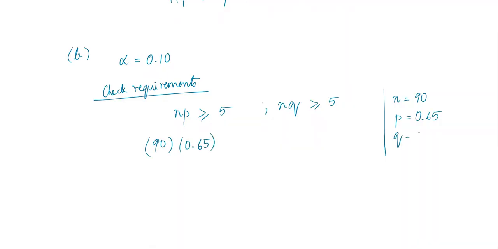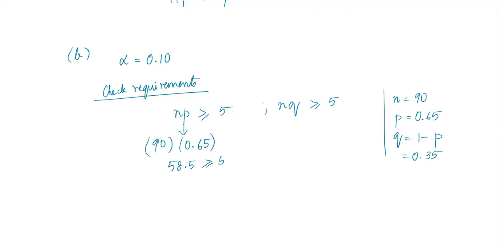And Q will be 1 minus P, right? So you're doing all this in your calculator. And 1 minus 0.65 comes out as 0.35. And so for NP, you'll have to multiply the 90 times the 0.65. That's 58.5.